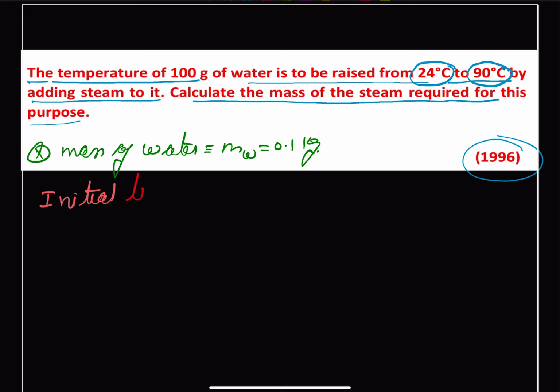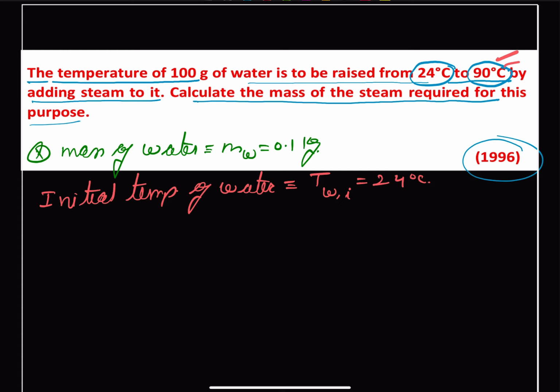Initial temperature of water is 24 degrees centigrade, and the water is to be raised up till 90 degrees centigrade by adding the steam. It means the final temperature of the mixture, which will be consisting of both water as well as the steam which will be added, will be 90 degree centigrade.